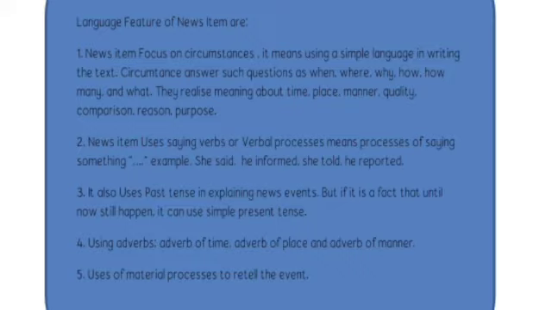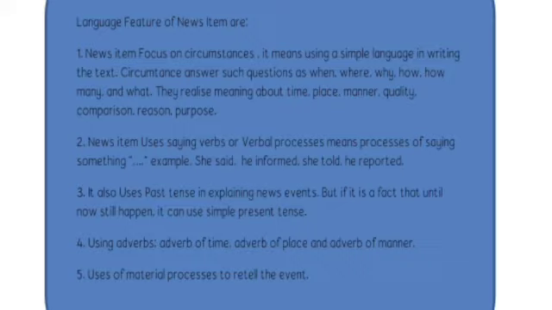The third, using adverbs. An adverb is a word that modifies verbs, adjectives, and other adverbs. Basically, most adverbs tell you how, in what way, when, where, and to what extent something is done.